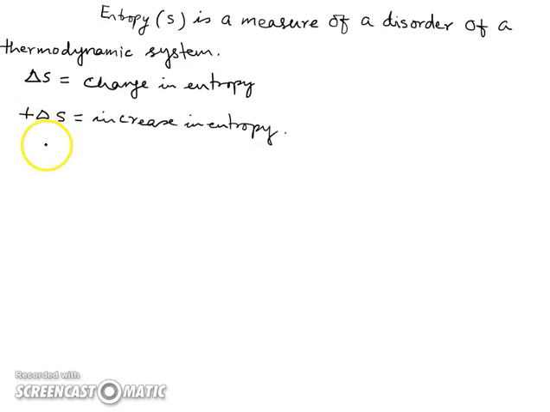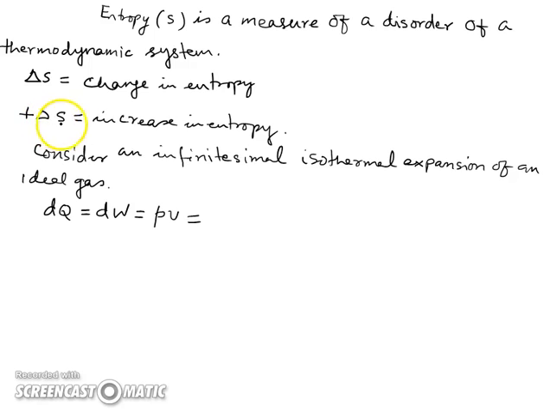Let's talk about an infinitesimal isothermal expansion of an ideal gas. So a positive change in entropy means an increase in entropy, which in turn means there's an increase in disorder, right? So consider an infinitesimal isothermal expansion of an ideal gas. Since this is isothermal, the change in internal energy, as we have seen earlier, must be equal to 0, right?